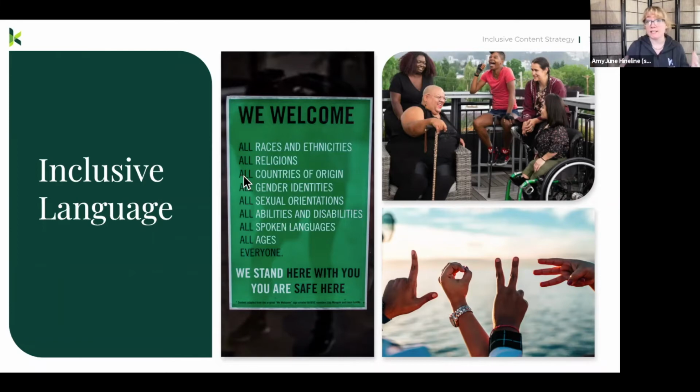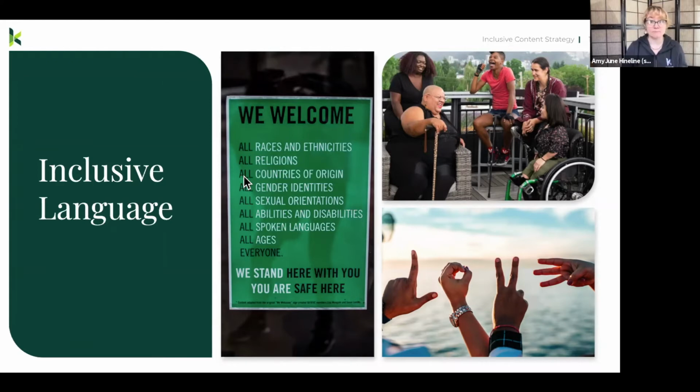Language can unintentionally reinforce dominant norms around things like gender, race, class, tribe, caste, sexual orientation. We want to be mindful that we only reference personal attributes or characteristics when it's relative to the context that we're using it in.